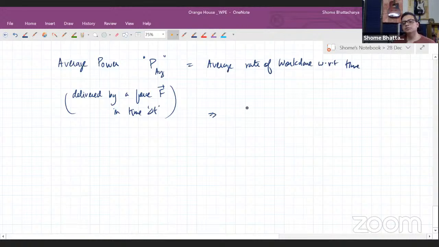So average power becomes total work done upon total time.